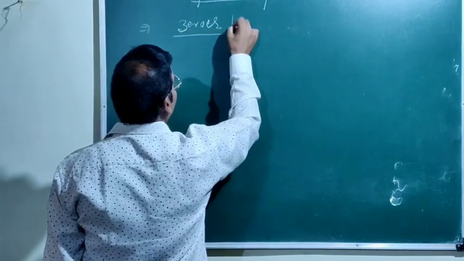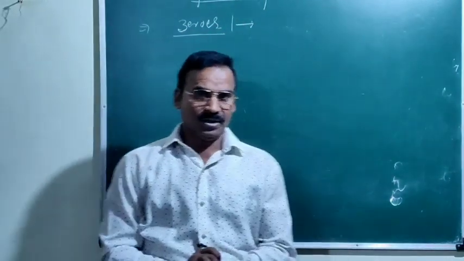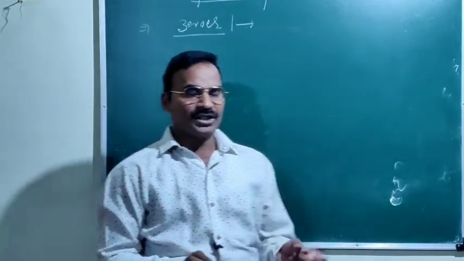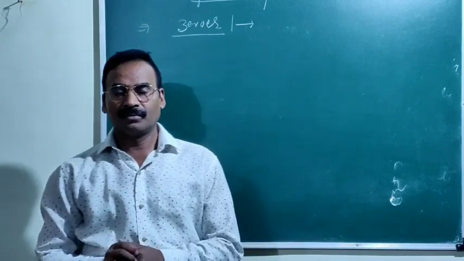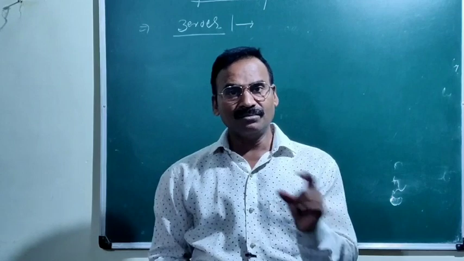So, what are the zeros of the polynomial? The simple thing is, the value of the variable at which the polynomial becomes 0.